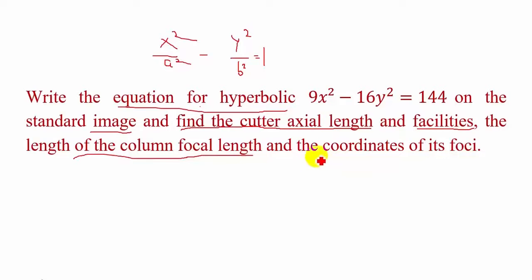And I need to get the coordinates of the two foci we have. So we need 1, 2, 3, 4, and 5. For the first look, we conclude that they're very complex, but it's so easy to get all of that.